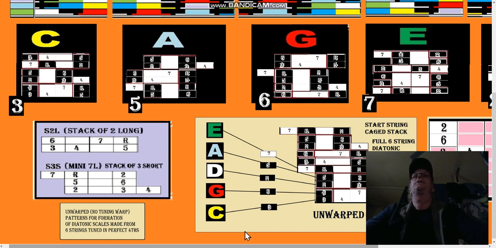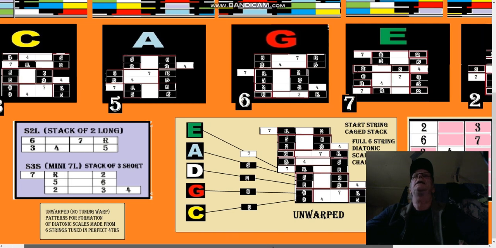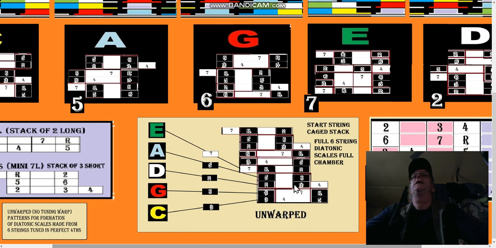So that's what this is saying. You can start it anywhere you want, as long as you follow this diagram here and you warp it when you get to the warp. So it helps. It does help. It helps you play like that.